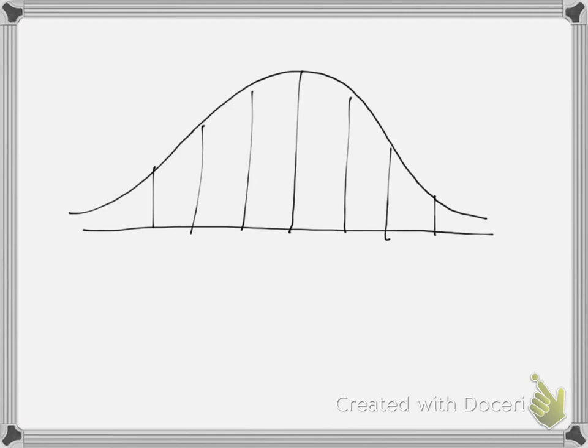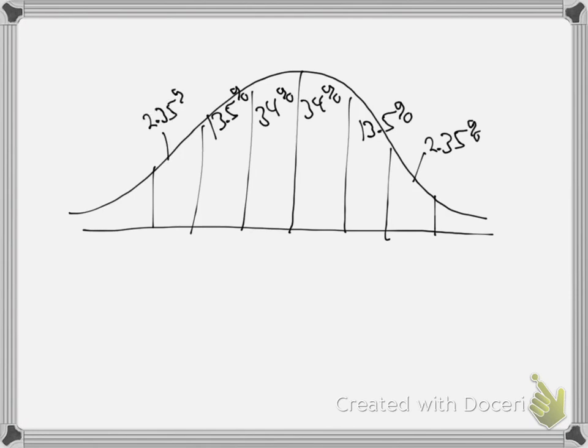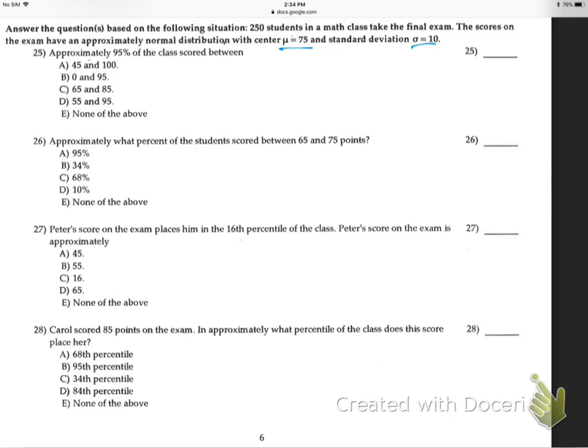The percentages always remain the same: 34, 34, 13.5, 13.5, 2.35, 2.35, 0.15, 0.15.